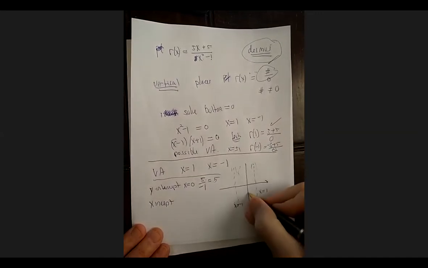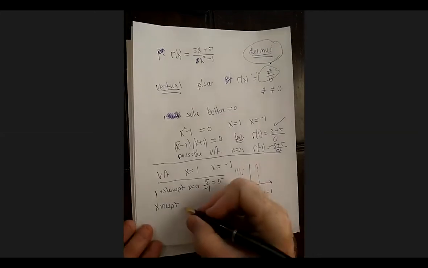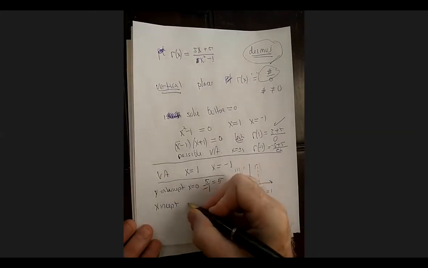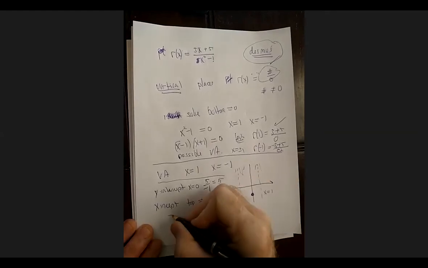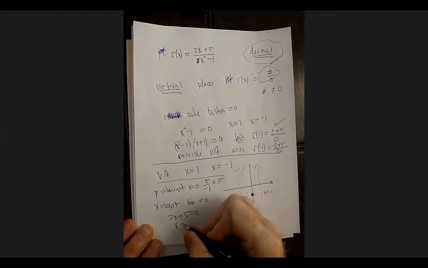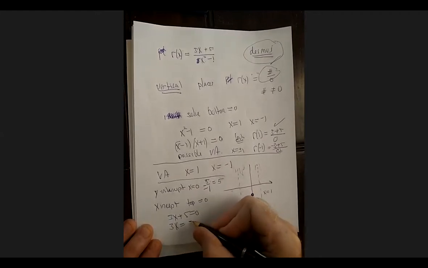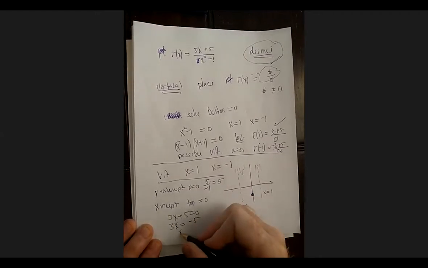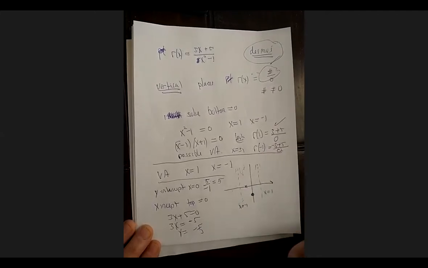So that's going to be down here. For the x-intercept, I have to solve the top equaling 0. So 3x plus 5 equals 0, 3x equals minus 5, x equals minus 5/3. So I have a 0 here.